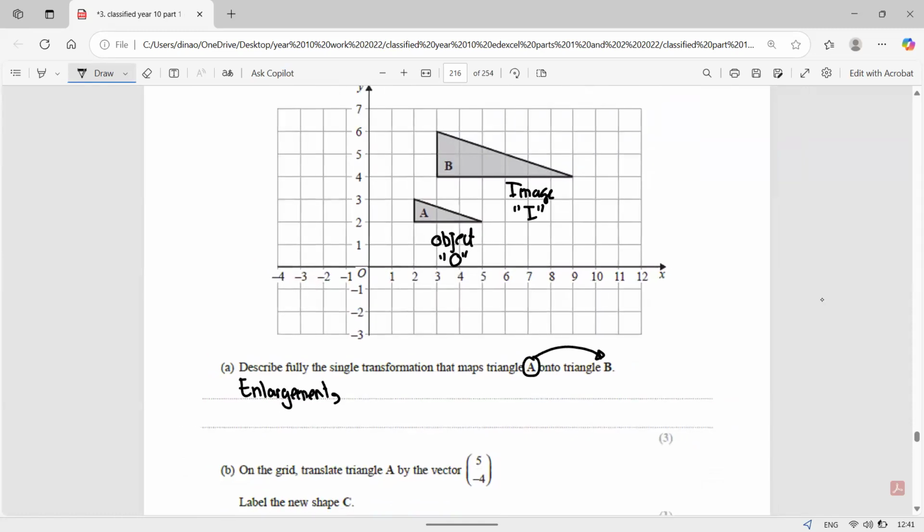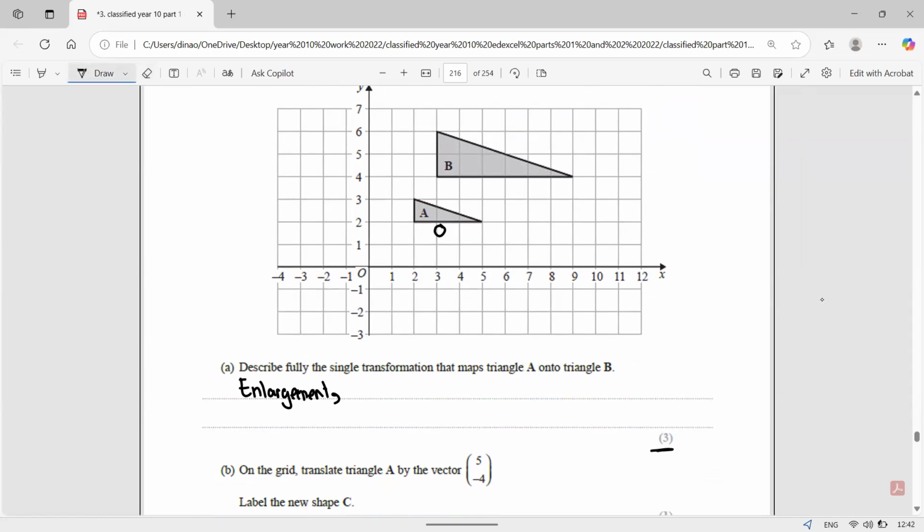But is it enough to just say that this is enlargement? As you can see, this question is graded out of 3 marks, which means I have to state more information. I'm just going to use capital letters O and I, object and image.